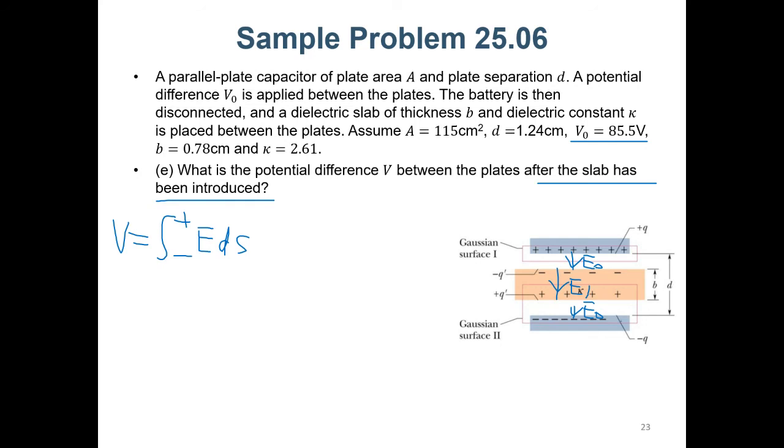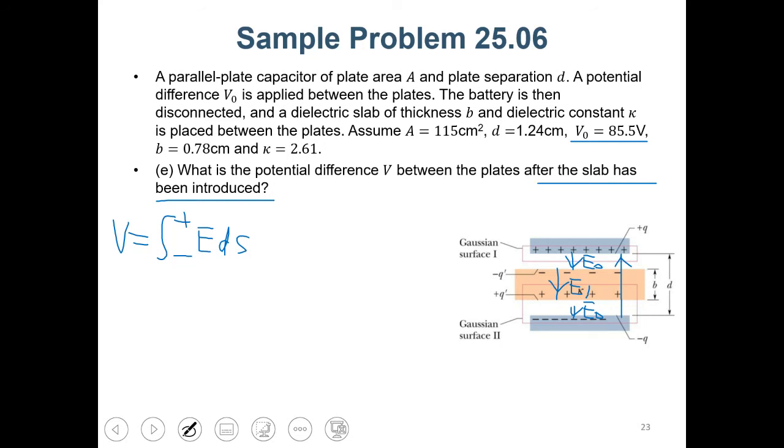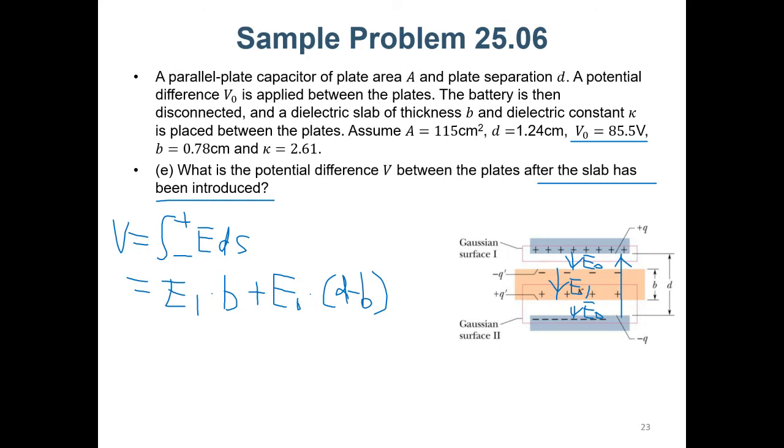So if we integrate from the negative plate to the positive plate, it will become E1 times B plus E0 times D minus B. Because E1 has a thickness of B, so E1 times B, and for the remaining path, this part and this part would be D minus B for the air part.